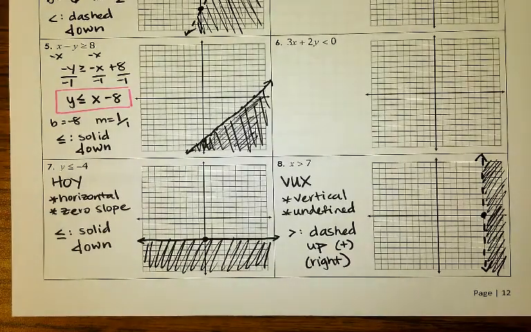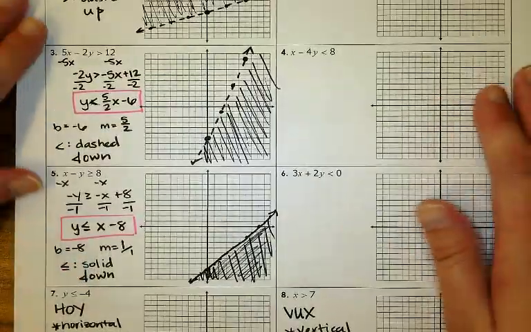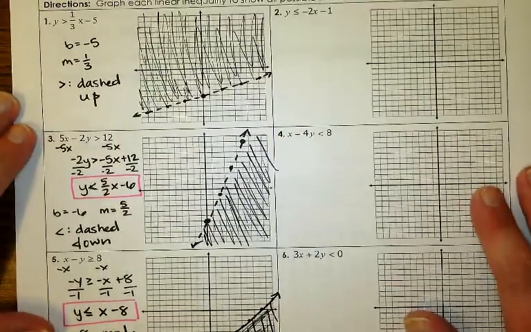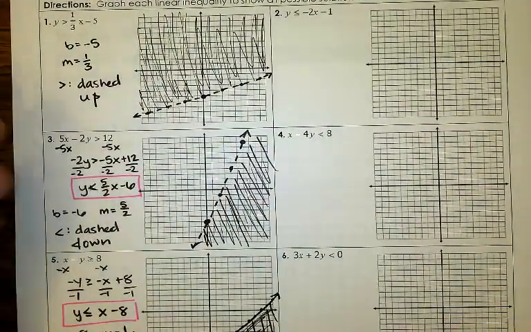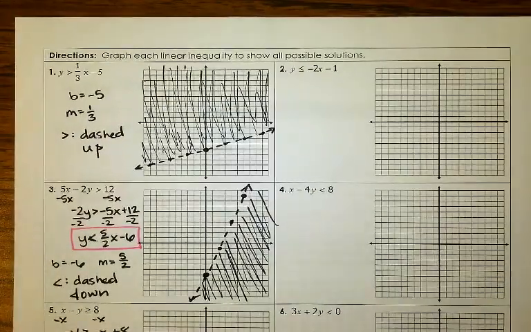And so what I want you guys to do is, a lot of times on your homework, or not on your homework, but on test questions, they will ask you, do these points work for different lines? So what I want you guys to do really quick is, for each of the graphs that we've graphed so far, here's point A, which is 0, 0.